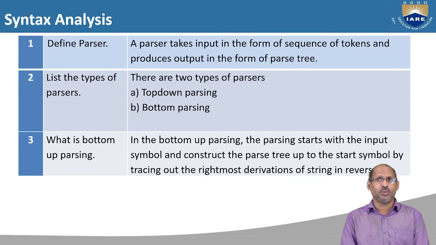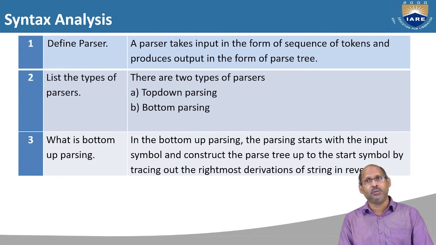When you consider the top-down parsing method, the main ones are the LL parsing method and predictive parsing method. For the bottom-up parsing method, the main ones are SLR, CLR, and LALR parsing methods. So the LR parsing methods are very important in bottom-up parsing methodology, and LL parsing and predictive parsing are important in the top-down parsing methodology.